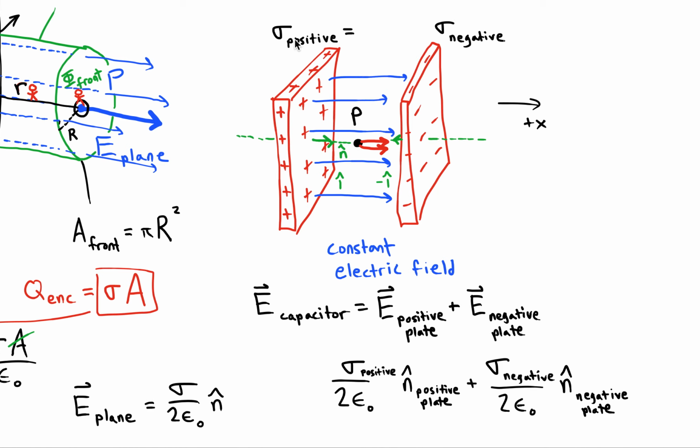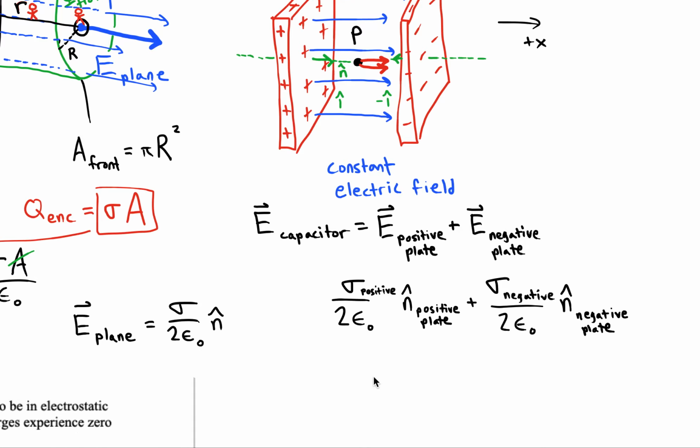For simplicity's sake, I'll let the sigma of the positive plate be represented by sigma, and the sigma of the negative plate can be represented by negative sigma. That'll give us sigma over 2 epsilon naught i hat plus negative sigma over 2 epsilon naught negative i hat.